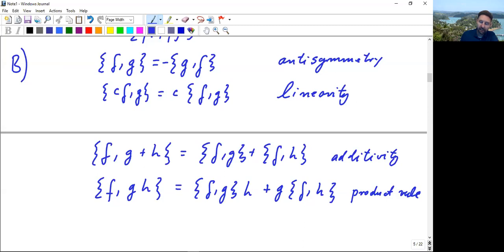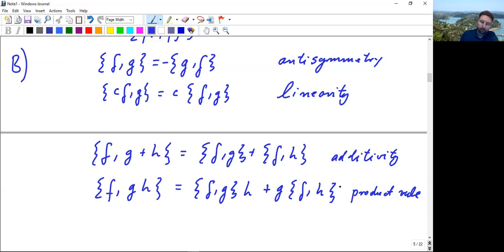Because gh might be a complicated polynomial of high degree, but we can write it as a product of two polynomials and then use this product rule to write it in this form here on the right-hand side, which is only containing polynomials of lower degree. So we can iterate this and eventually get just the Poisson bracket of x and p's.